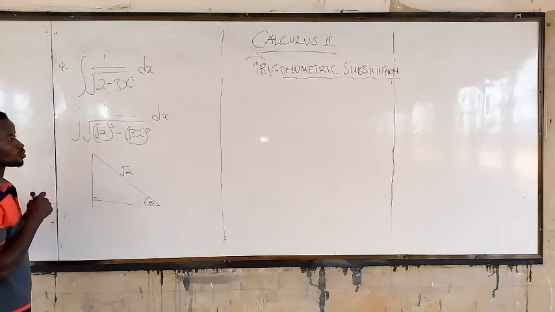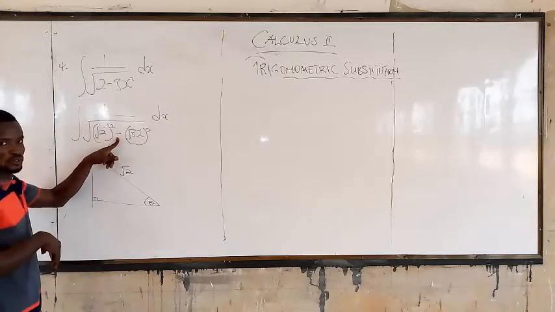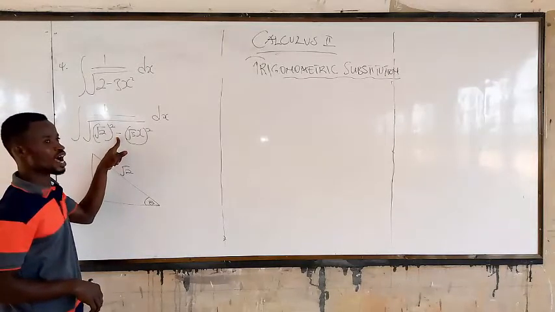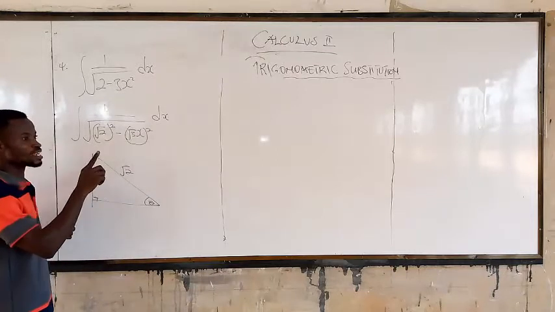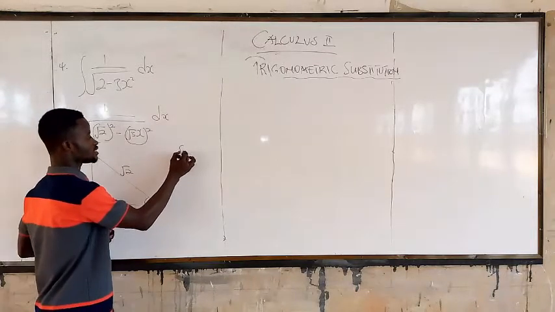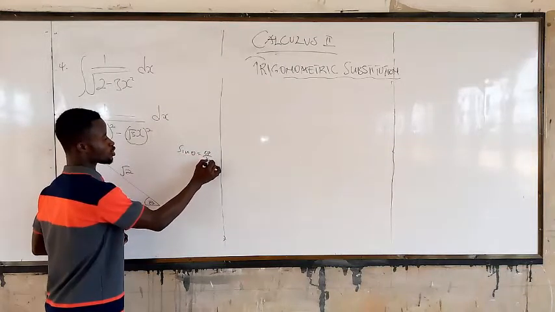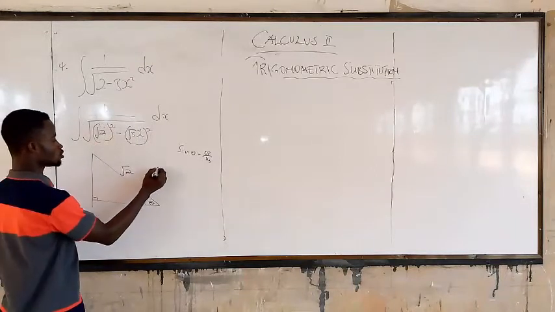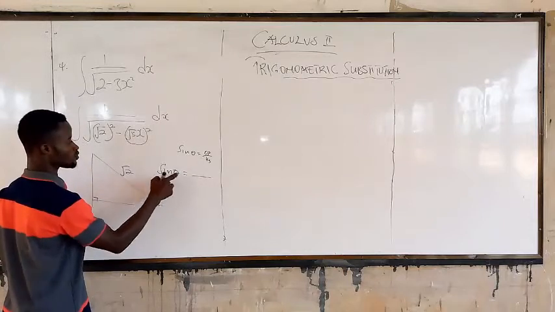So which one will we go by? Here is negative, so forget about that. Sine is y over r. That means that it's supposed to be sine, because sine theta is opposite over what? Hypotenuse. So the hypotenuse is the constant. So sine theta is equal to opposite over hypotenuse.